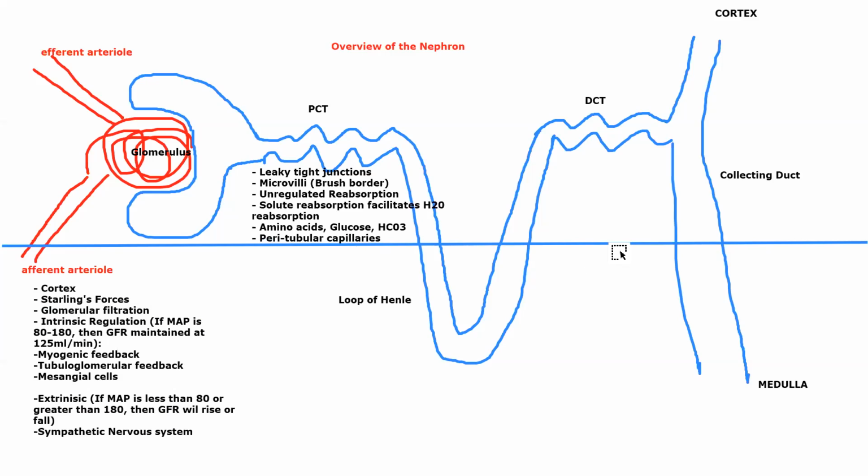Okay. Moving on, let's talk about the loop of Henle a little bit. So the loop of Henle was this part of the tubule that dips down into the medulla. Here is where we saw the medullary osmotic gradient, which was brought about by the countercurrent multiplier.